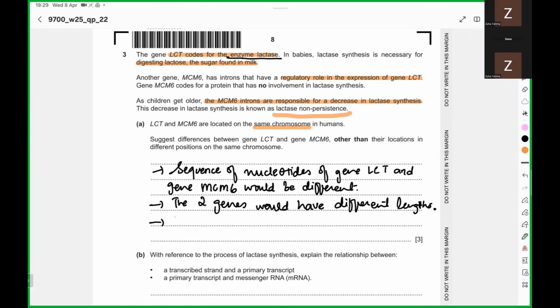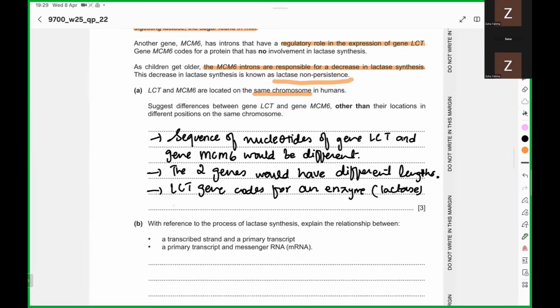So the LCT gene codes for an enzyme, lactase, whereas the MCM6 codes for a different protein product.